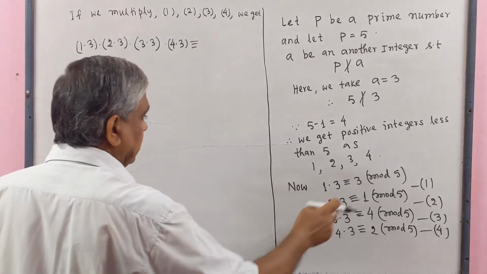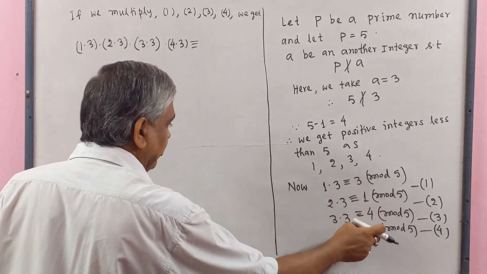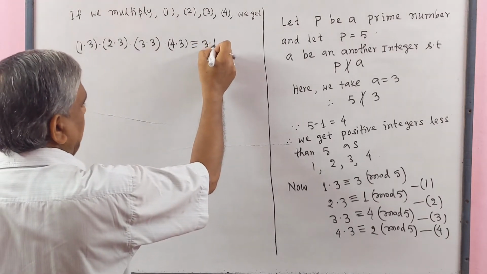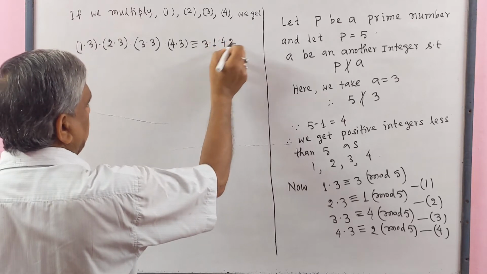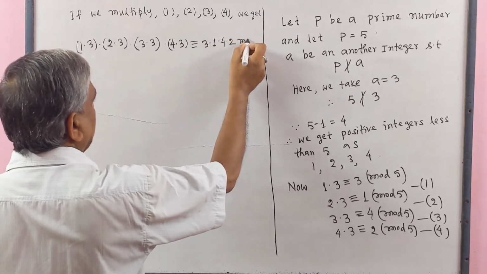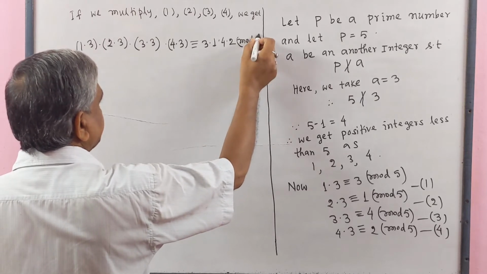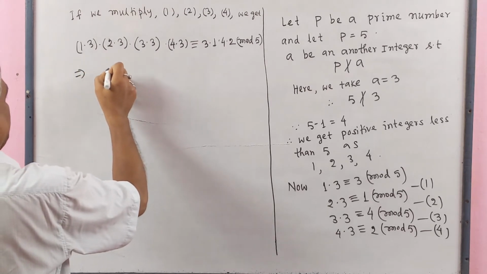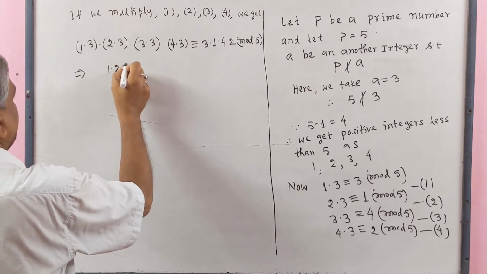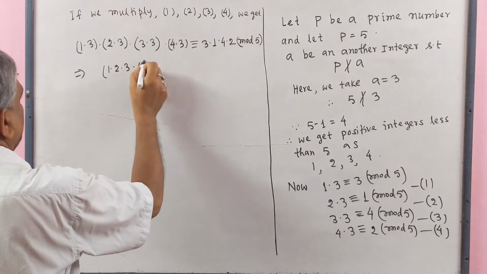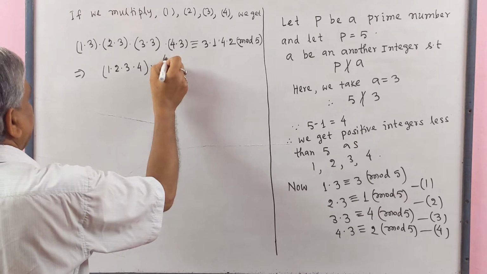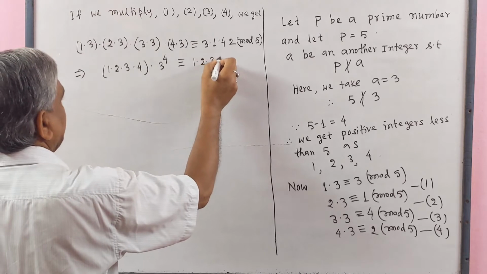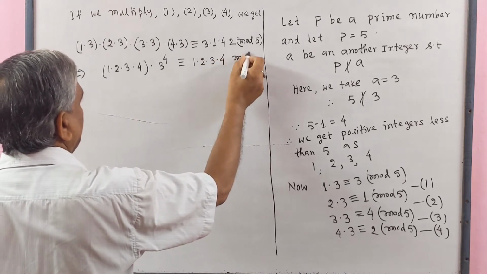congruent to here 3 multiply 1 multiply 4 multiply 2 modulo 5, implies that here 1 multiply 2 multiply 3 multiply 4 multiply 3 to the power 4 is congruent to 1 multiply 2 multiply 3 multiply 4 modulo 5.